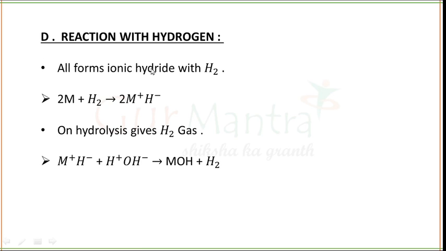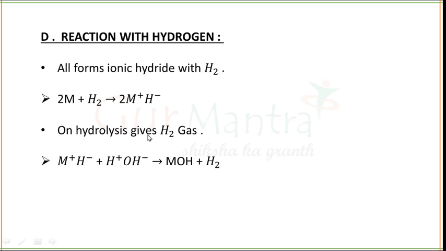Next, reaction with hydrogen. All the group 1 elements form ionic hydride with H2, and the formation of ionic hydride will be represented as this. Here M represents the metal or the element of group 1. When you interchange the M with any group 1 element, you will get the result as 2M plus H2 giving 2M+H-.